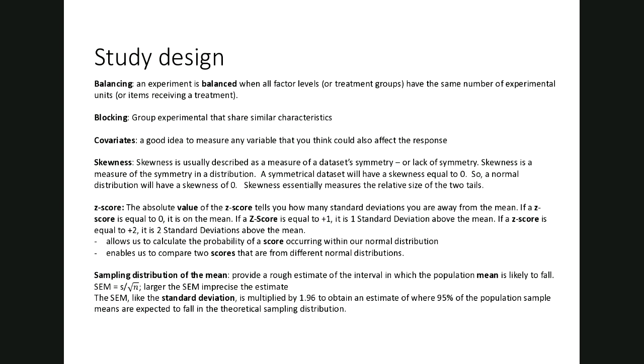So z-score is a measure that tells you the deviation, like how your samples are deviating from the real population, from the real scenario. And I already talked about the standard error of the mean, which gives you an idea of how much you are differing from the population.